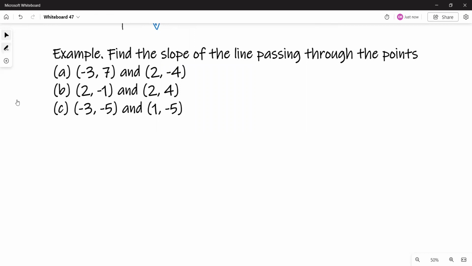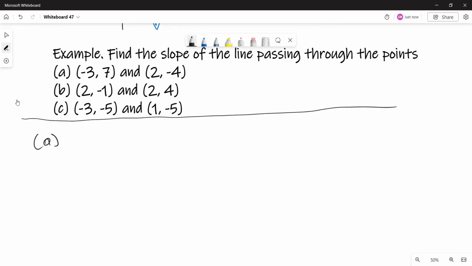Okay, part A. The slope that we denote by the letter m is the rise over the run. The rise is the vertical displacement, so that's going to be the change in y. So let's say that the first point is x1, y1, and the second point is x2, y2.